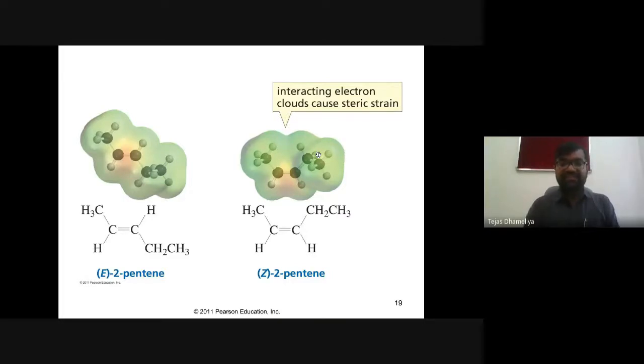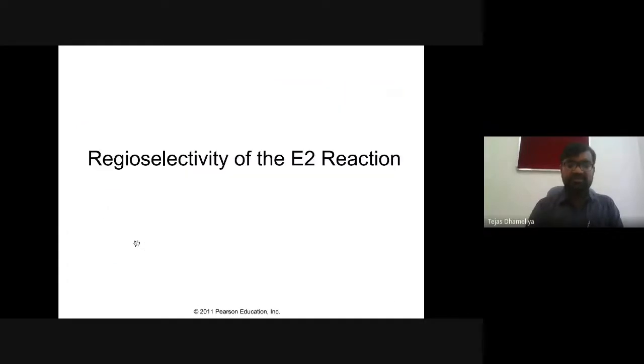Friends, if the bulky ethyl group and bulky methyl group are close, they will cause steric clash. That's why we know the E isomer is considered more stable over the Z isomer. So this was a kind of selectivity behavior in the reaction.